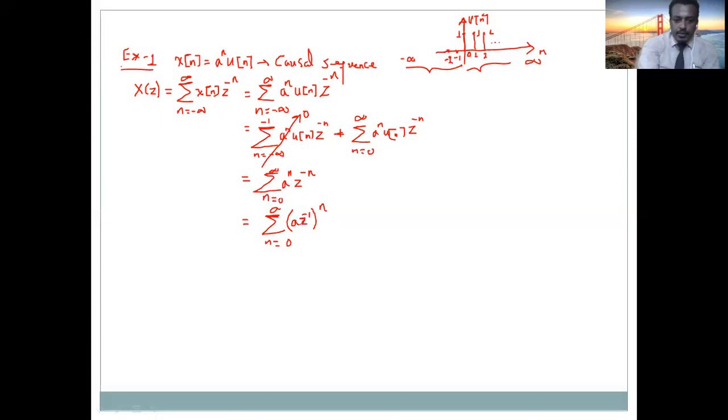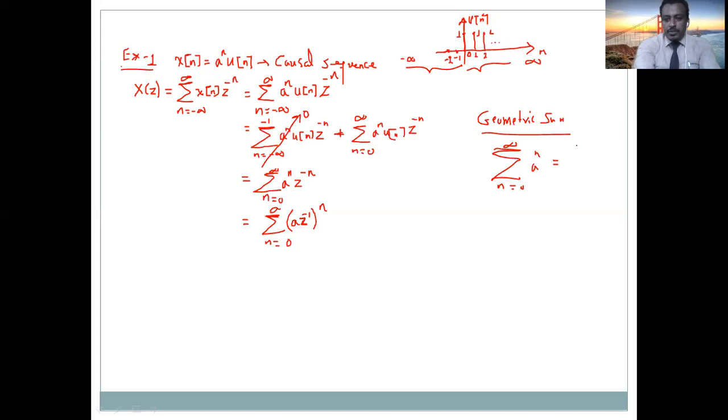Okay, now from your mathematics course, we know geometric sums. From the geometric sum formula, the summation of any variable, let's say n from 0 up to infinity, a to the power of n, a is any constant.